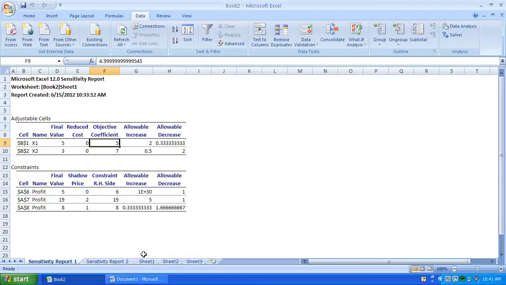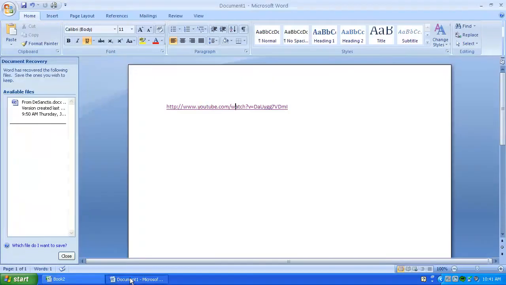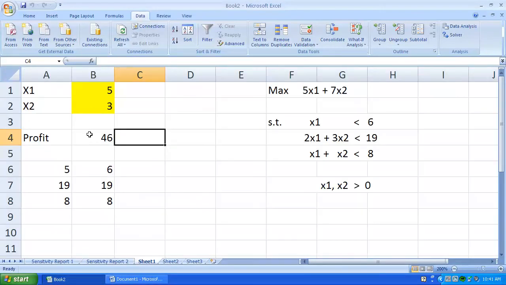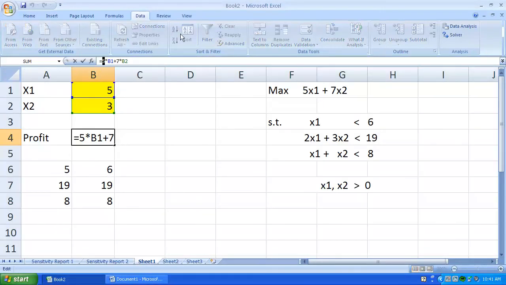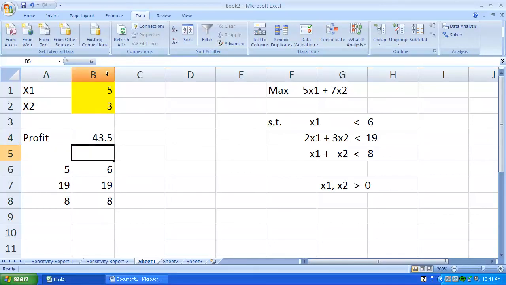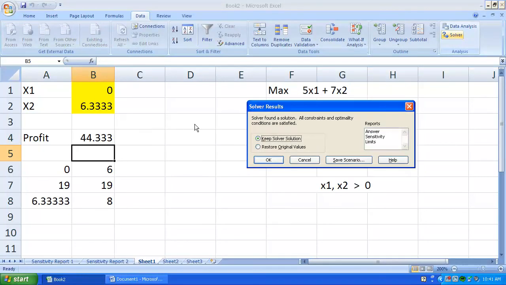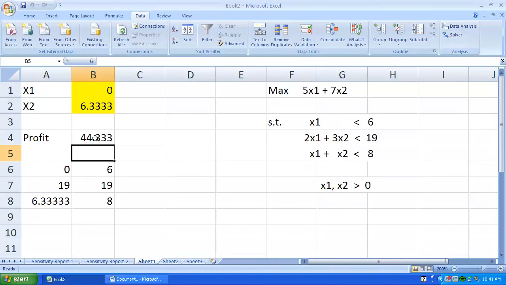We're going to take the 5 down by 0.5. Oops. There we go. So if that becomes a 4.5, I would expect the new solution to change from 5 and 3 to something different. And in fact, it did. Now let's go back and change that back to a 5.